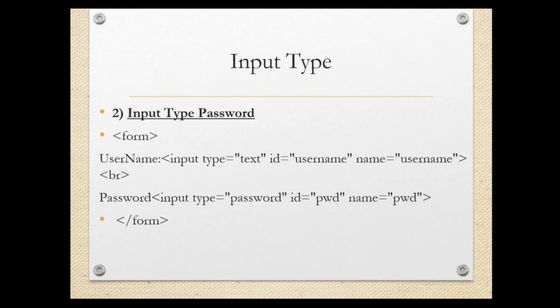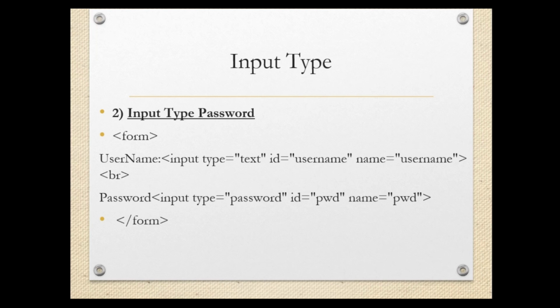Second one we have, that is input type password. Now how will password work? Whenever you go on any website, you log in and you put your password. When you are typing your password, it will not show your alphabets, but it will show you some symbols. That is done with the help of input type password.